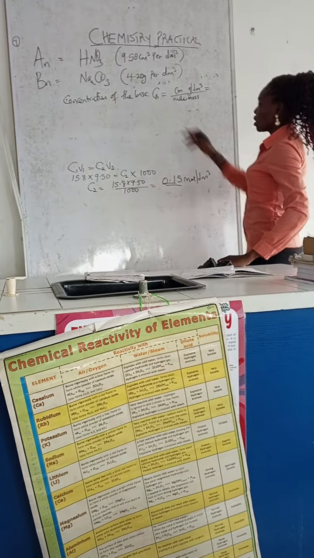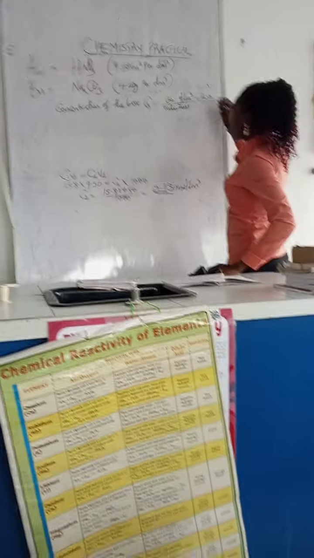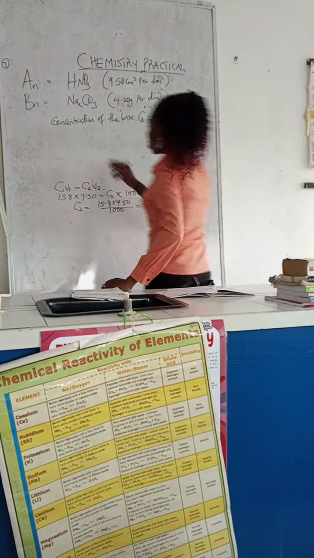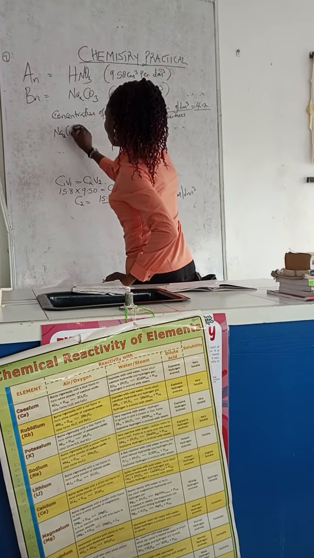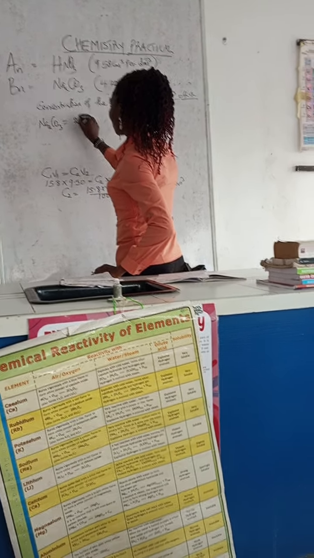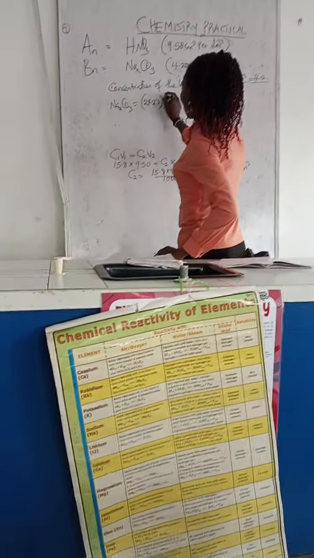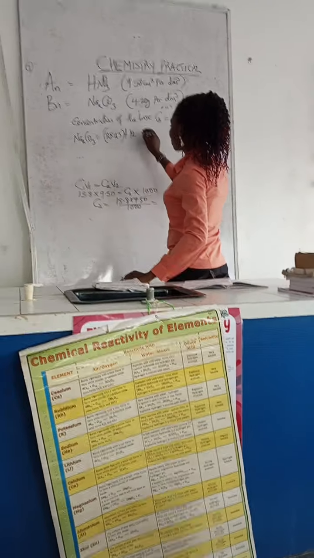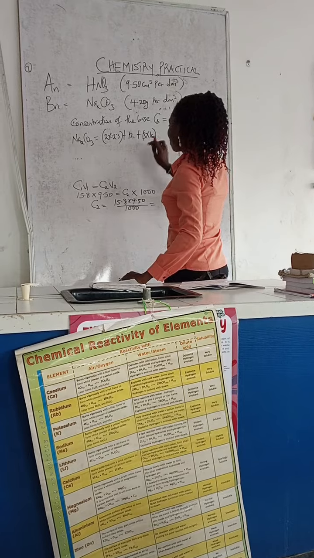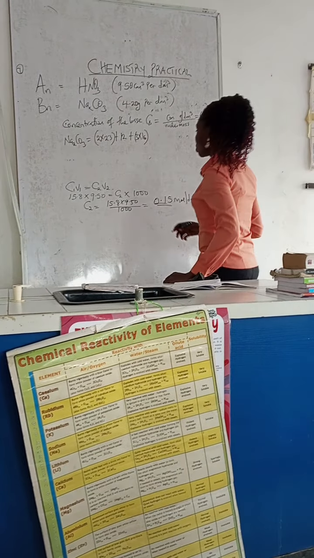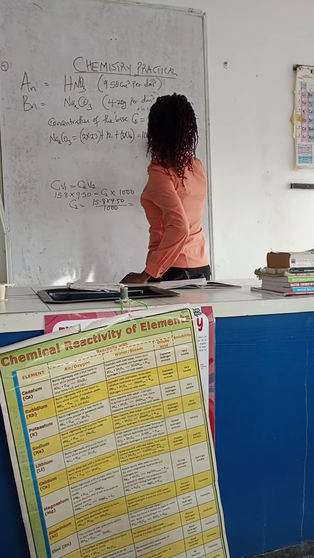The concentration in gram per dm³ is given as 4.2, over the molar mass of sodium carbonate, Na2CO3, which is 2 times 23, the mass of sodium, plus 12, the mass of carbon, plus 3 times 16, the mass of 3 atoms of oxygen, and that should give us 106 gram per mole.